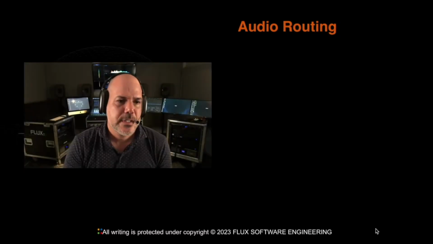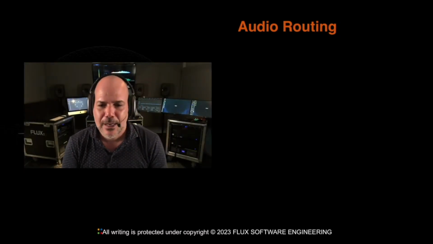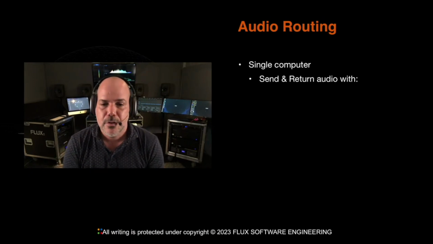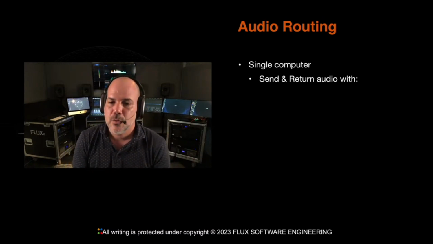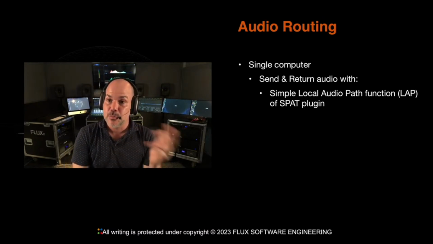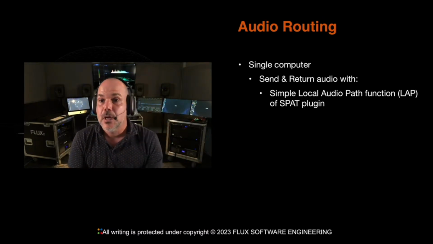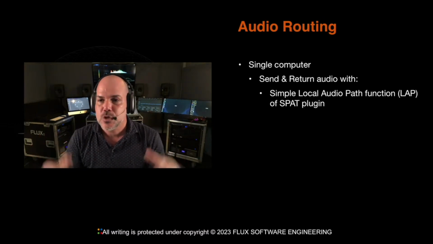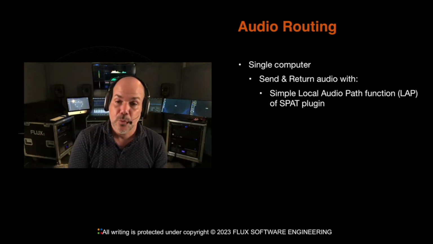Okay. Good stuff. Now let's talk about audio routing briefly, because it's always an interesting conversation. How do we route this stuff? Well, single computer, dual computer, various options. In the case of a single computer, you can send and return the audio with what we call the local audio path function with our SPAT plugin, which we explored last week in a basic function, and we'll explore in a few seconds in a more advanced, organized routing folder way with one of our templates.